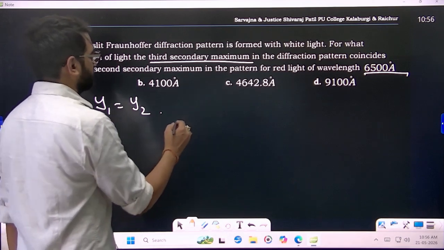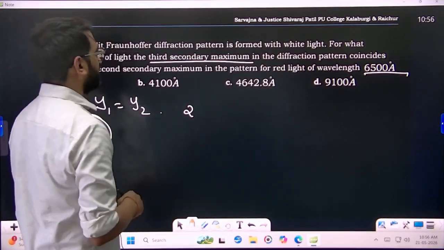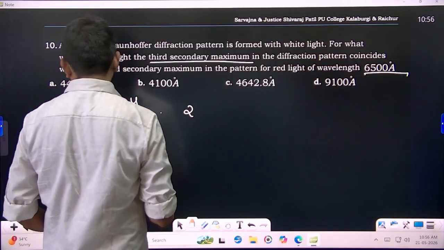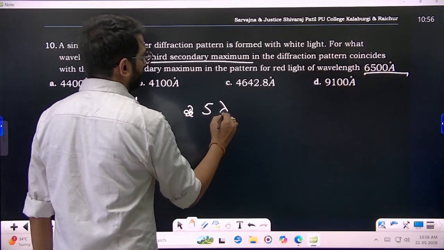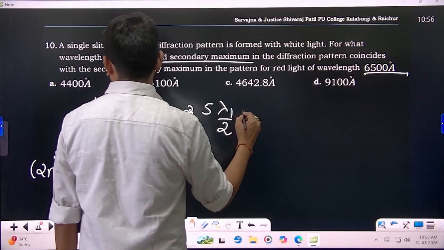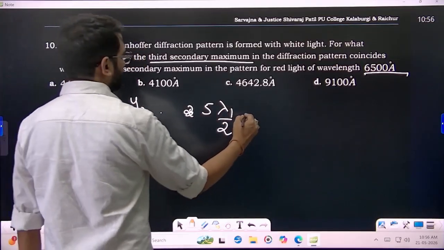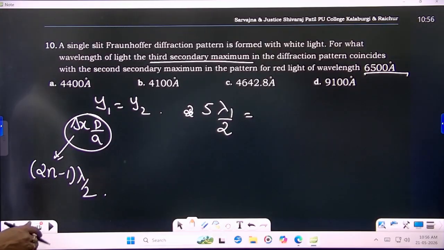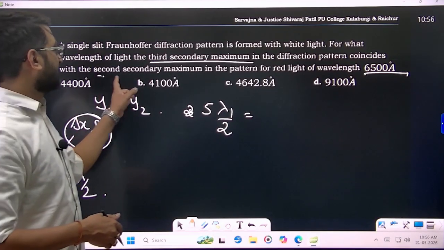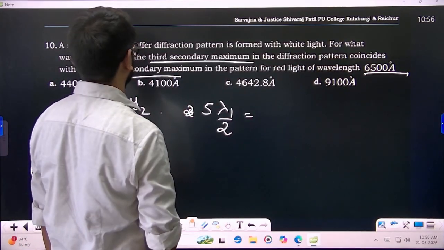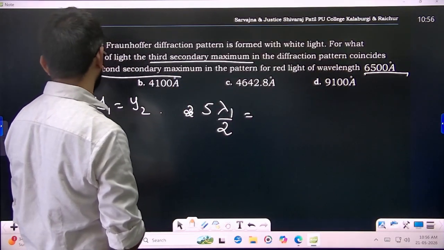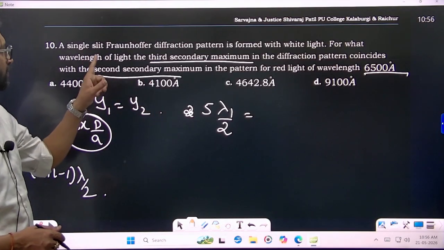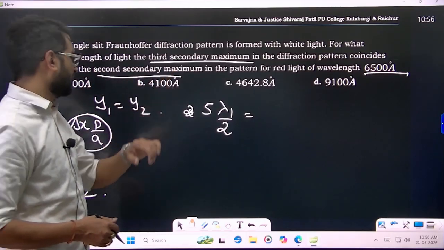So therefore this is 2 into n. N is 3, 2 into 3 is 6, 6 minus 1, 5 by 2, 5 lambda 1 by 2 is equal to, anyway D by A is going to get cancelled, the second one with n2, which is for lambda 2, the secondary maxima.